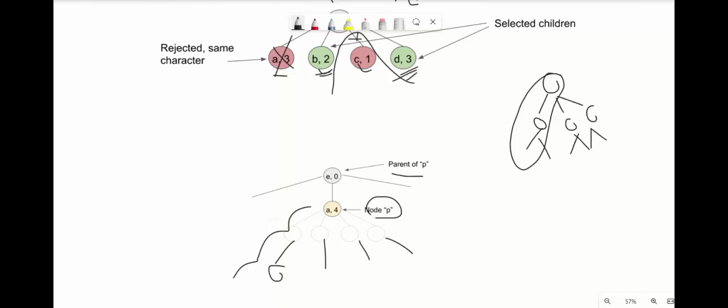Let's say this was 3, this was 1, this was 2, and this was 2. We would be selecting this path, and this value would be 4. Why? Because this has 3, and this would include this node p as well, so this will have a value 4, and then it will be propagated up, right?